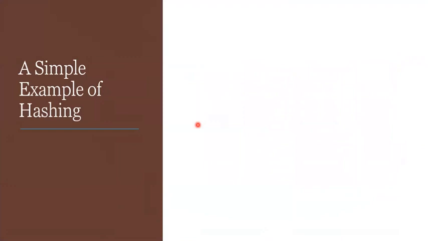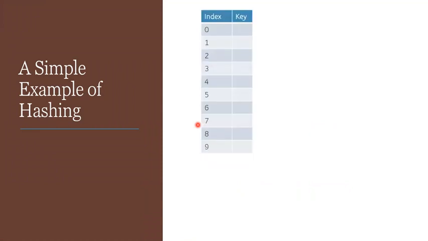Now I'll tell you what hashing is. First of all, to perform hashing, you require a hash table, and it has some size. In the hash table, you will have some number of indices, and you will have some keys where you will actually insert your values from the column. So this is a hash table of size 10.